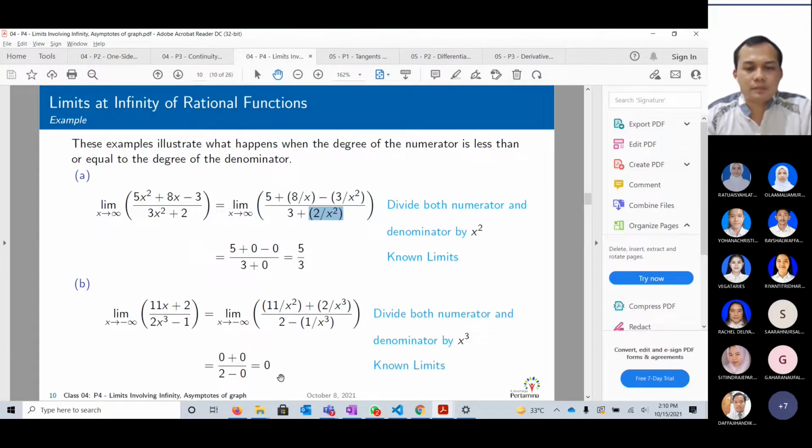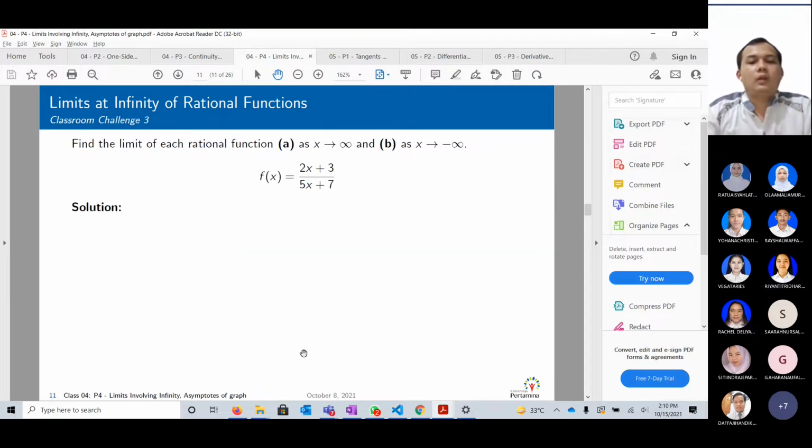Is it clear? Clear, sir. Okay, now for this function, what is the value of the limit as x goes to infinity and as x goes to minus infinity?